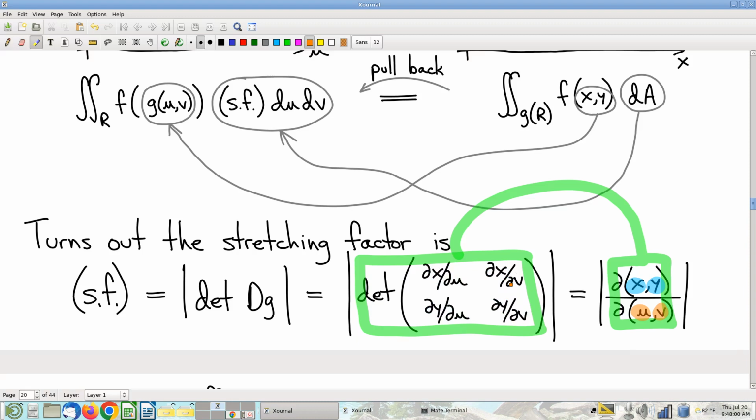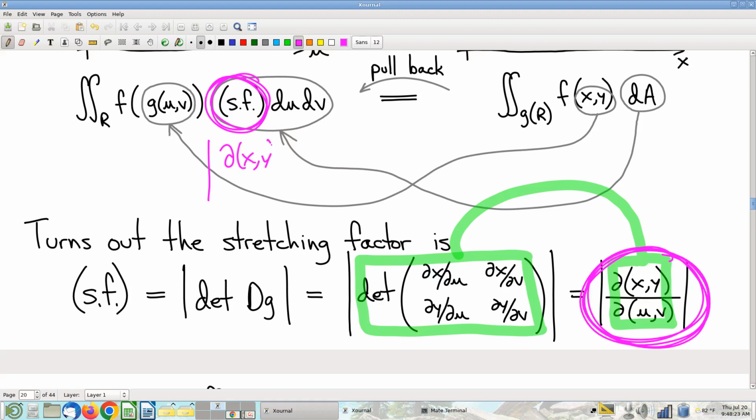Here's another reason, and I think arguably a better reason. If I were to use this notation for my stretching factor, let me just write it down. Here we go. Absolute value, partial XY, partial UV. There's our stretching factor.